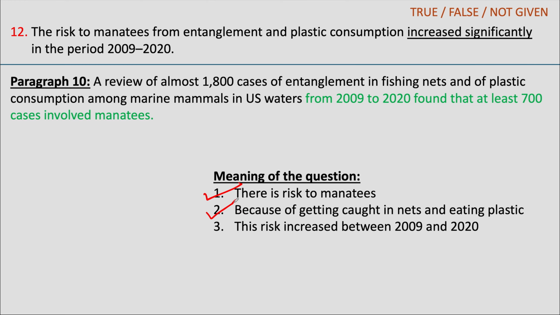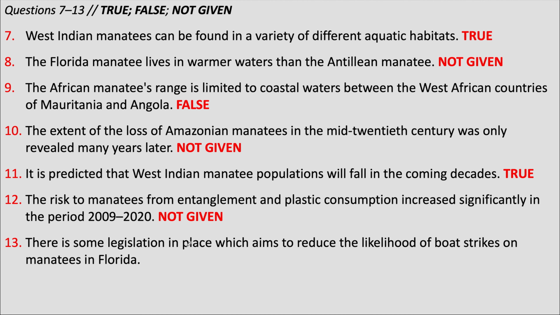But the paragraph does not compare this period with any other period. It does not say the risk was lower before or that it increased over time. So the idea of an increase is not mentioned. This part of the question is not given. The answer to question 12 is not given.